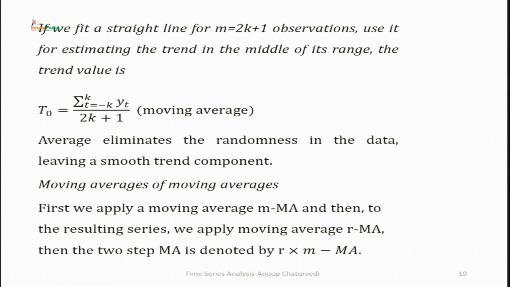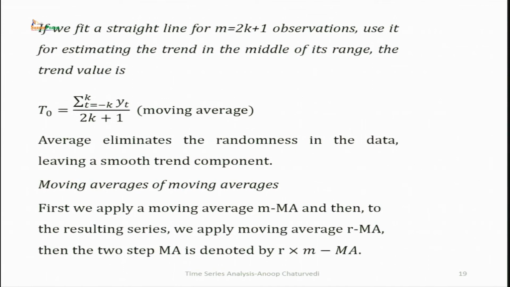Now, average eliminates the randomness in the data, and then it leads to a smooth trend component. So, this is the argument behind using this method. You can also take moving average of moving averages. So, first you apply m terms moving average, and then you get a series of moving averages.